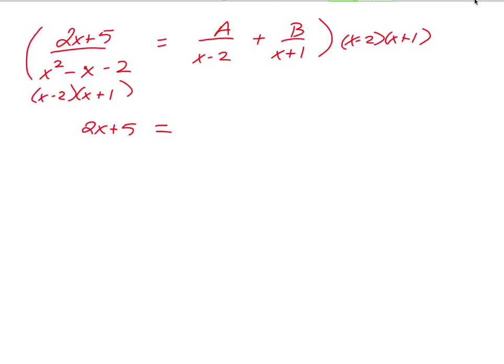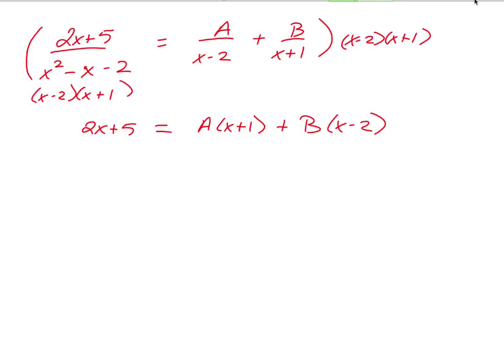When I take that times A over (x - 2), what cancels? The x - 2, so I have A times (x + 1). Then I have that times this fraction, the x + 1 cancels, so I have B times (x - 2). So that is technically what you are doing. However, all I really have to do is go A times (x + 1) and B times (x - 2). But I wanted to show you what it is that you're technically doing on that step.